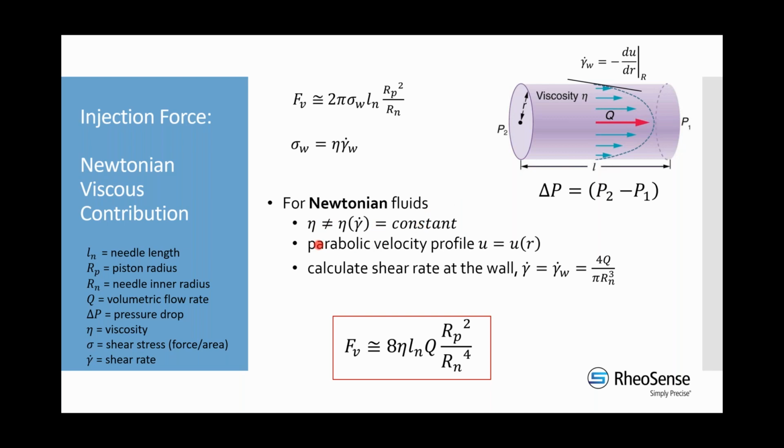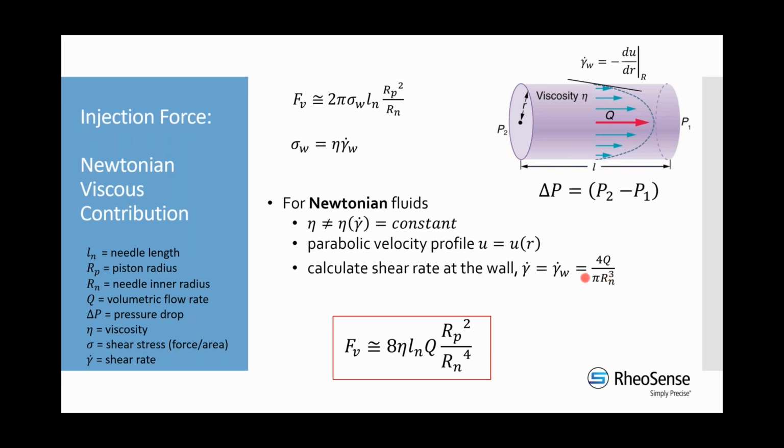So viscosity is constant, and what that ends up meaning is that the velocity profile in this tube or pipe is parabolic. And there's a well-known expression for this from which we can easily calculate our shear rate, which is defined as the gradient in velocity perpendicular to flow. We've already seen this equation. I introduced it when we were thinking about what types of shear rates we need to consider when doing our experiments.